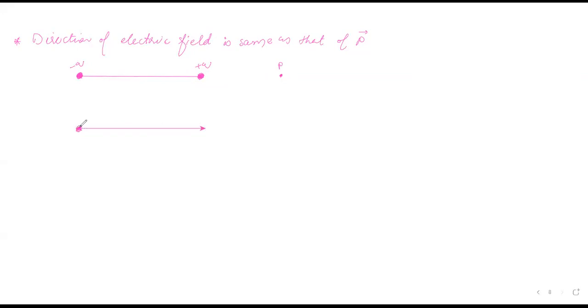This is now plus Q charge, and this is minus Q charge. And this one is your point P.